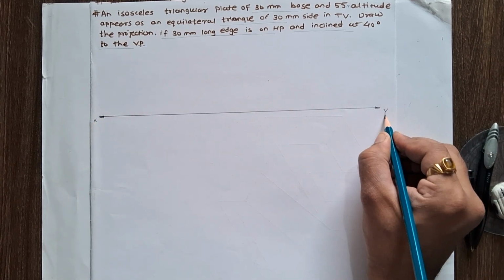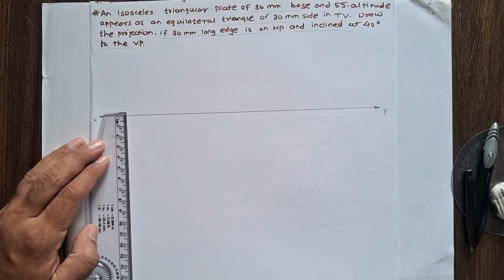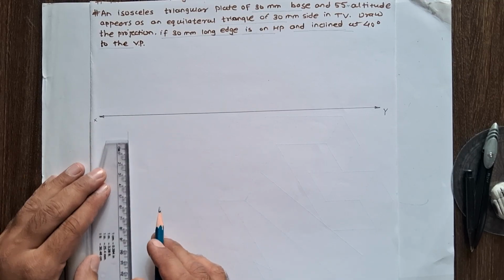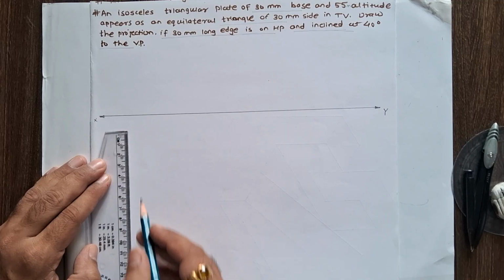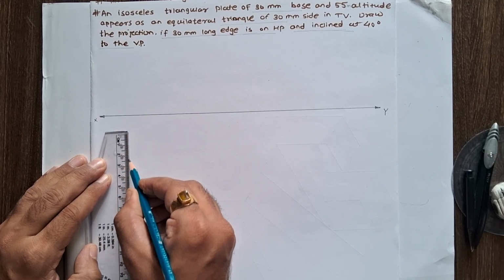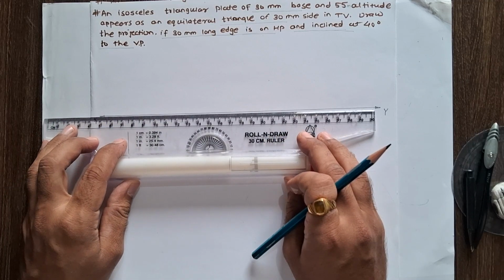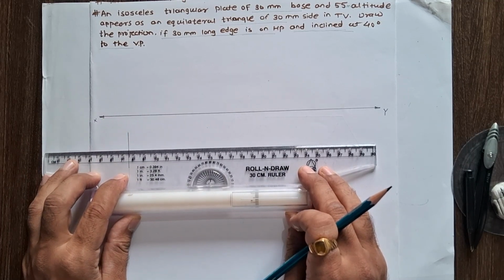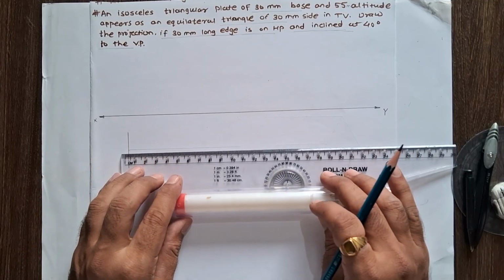Draw the XY line and draw an isosceles triangular plate of base 30 and altitude 55.